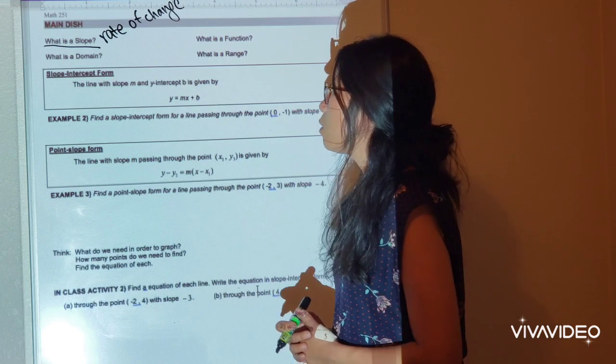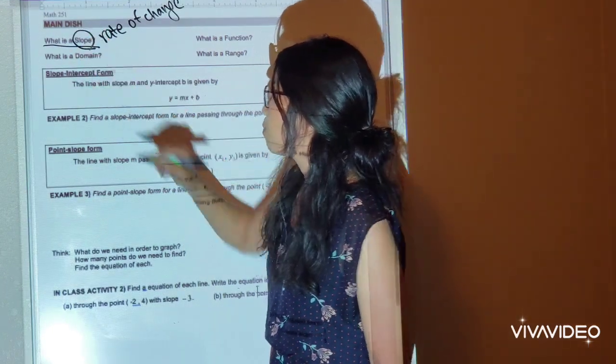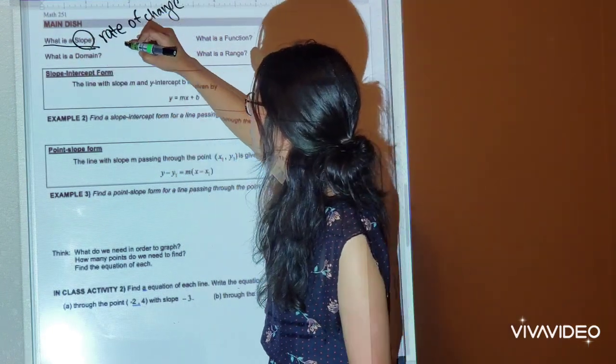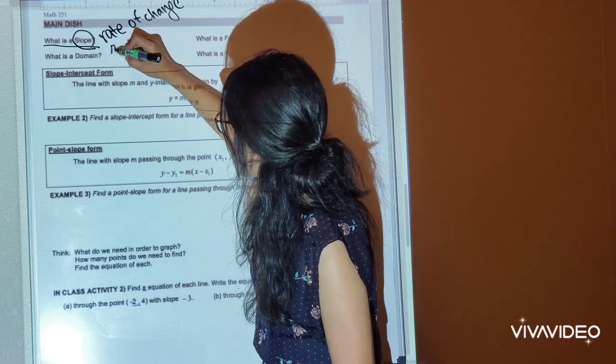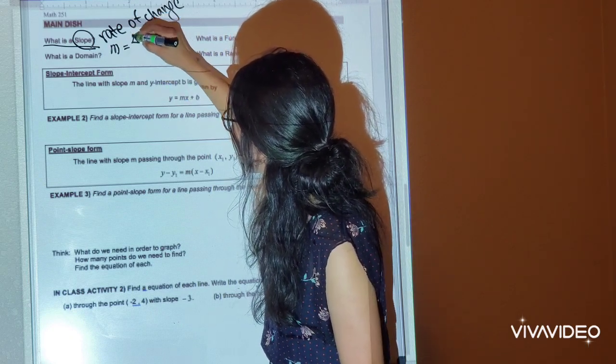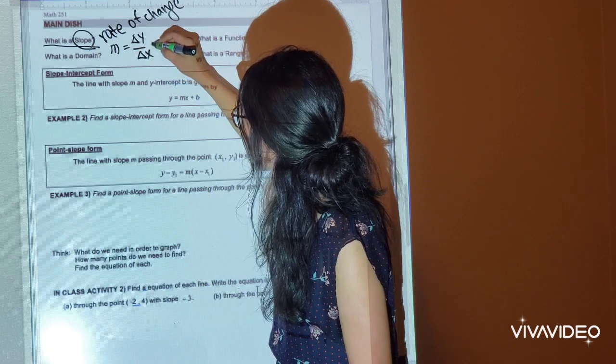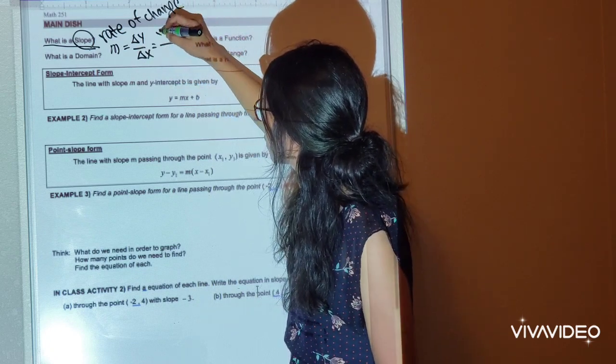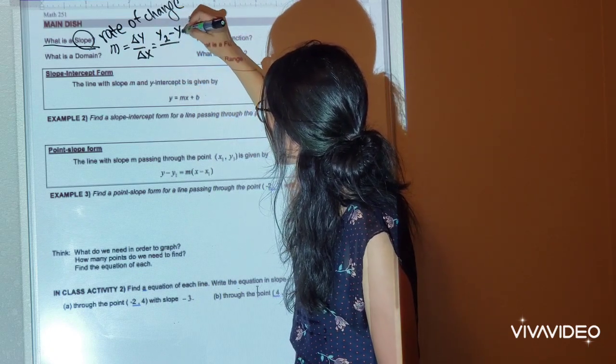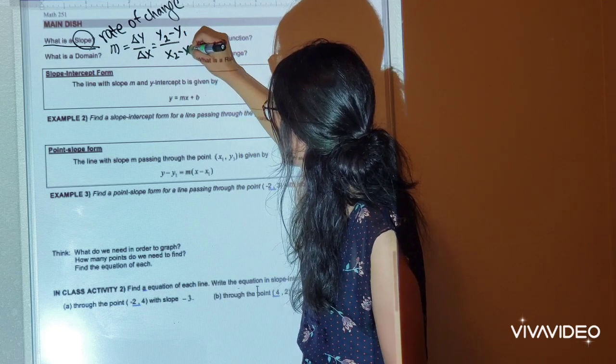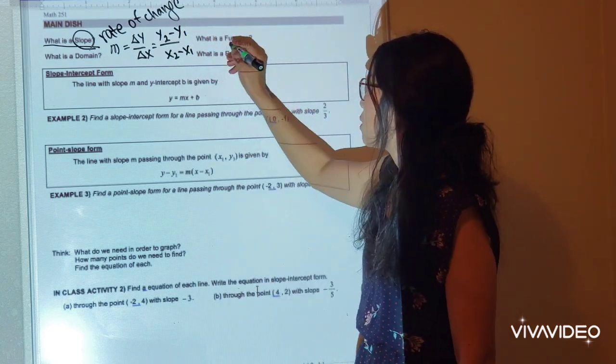So these are all what we can say as a slope. And in mathematics, we define it by m, which is delta y over delta x, changes in y over changes in x.